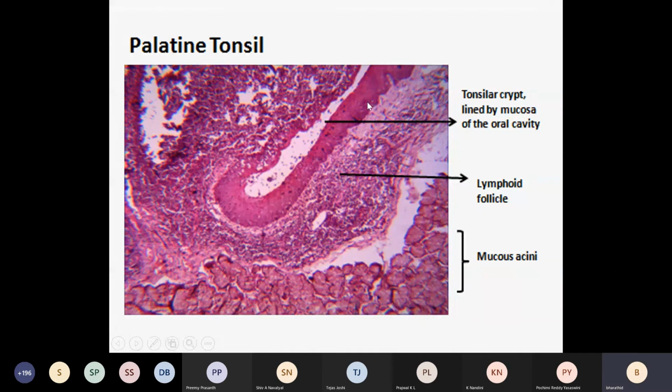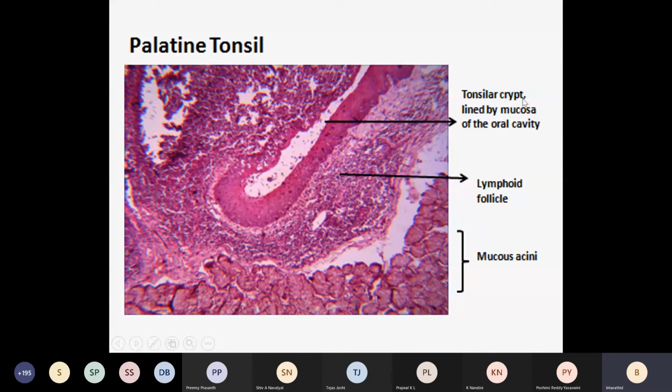See, it is covered by stratified squamous non-keratinized epithelium. This epithelium sends in invaginations, which are called tonsillar crypts.